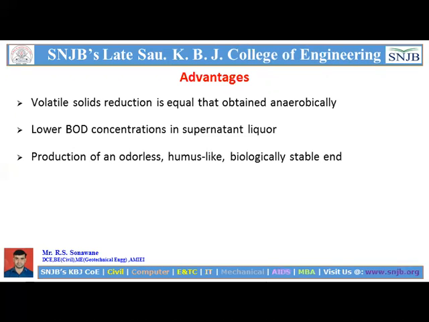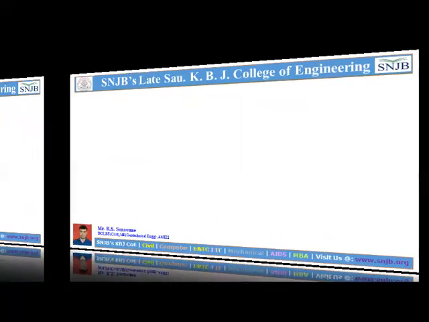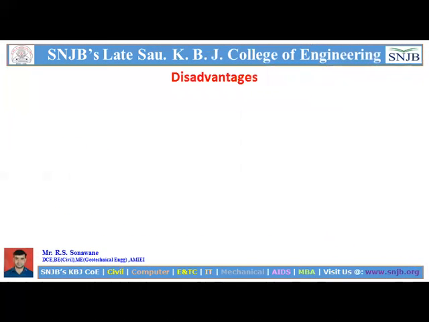Then production of an odorless, humus-like, biologically stable product, and operation is relatively easy. Lower capital cost. These are some advantages of sludge treatment.